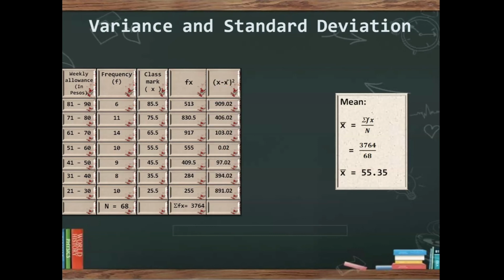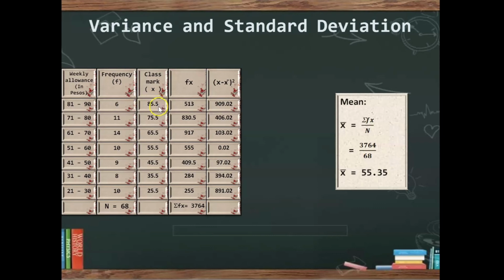Ang next column is (x minus mean) squared. Paano ito i-solve? So, x is 85.5 and the mean is 55.35.